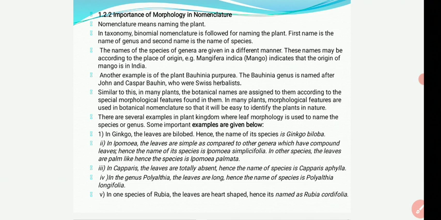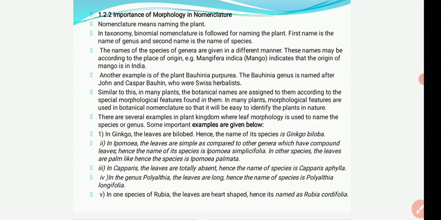Another example is the plant Begonia purpurea. The Begonia genus is named after John and Caspar Beguin, who were Swiss herbalists. Similar to this, in many plants, the biological names are assigned according to special morphological features found in them.